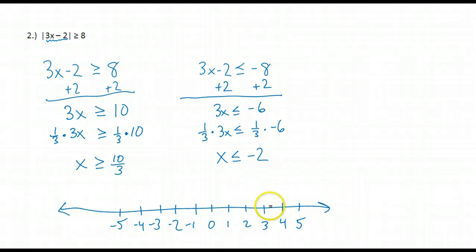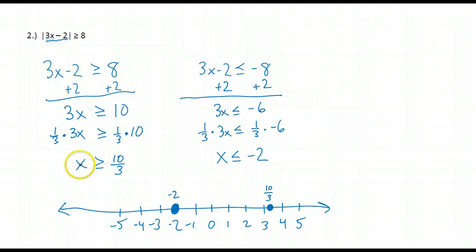So I'm going to put a dot at 3 and 1/3. And this time I'm going to make it a solid dot. And then I'm going to put a dot at negative 2. And again, I'm going to make it a solid dot because I want to include negative 2 and 10/3 in my solution.